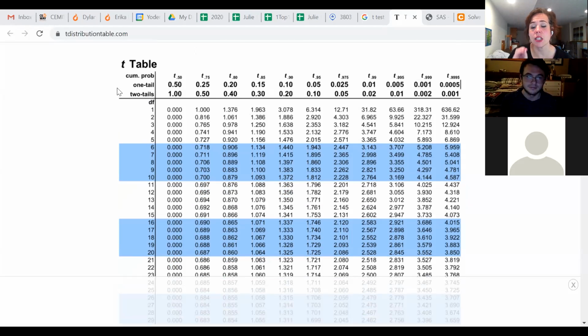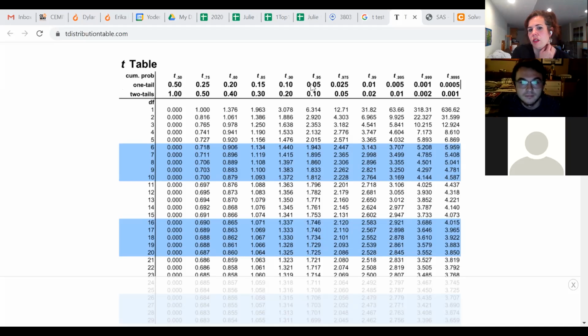No. That's our t statistic, the response we got for t. Our alpha we set at the beginning. Oh, it's 0.05. So I go here to one-tailed, and I go all the way across till I get to 0.05.